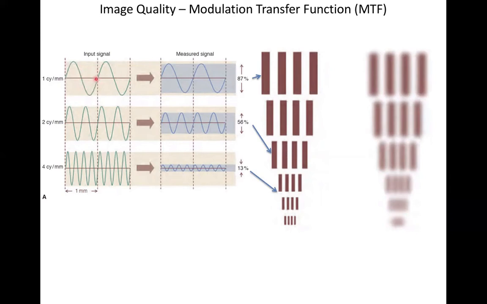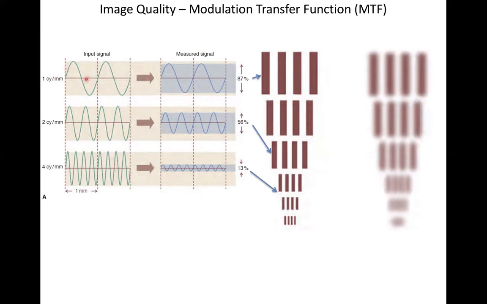Sometimes this is called 1 line pair per millimeter, because if this bright signal is a line, say over here, I've got a line and another line, then they're going to be 1 millimeter apart. So it's got line pairs per millimeter. 2 cycles per millimeter and 4 cycles per millimeter. So they all have these 3 signal inputs that are going to go into our imaging system and come out the back end. They each have the same amplitude, but progressively higher spatial frequencies.